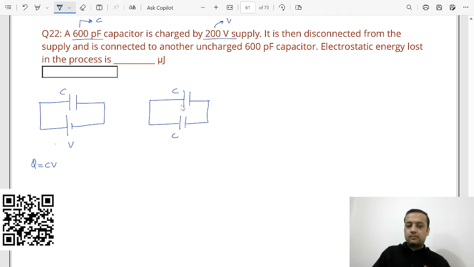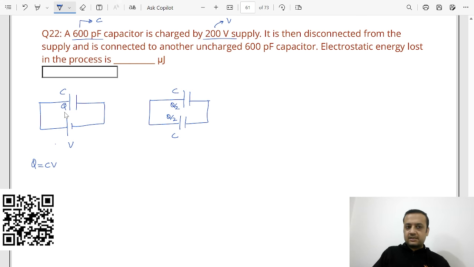Now look, both the capacitors are in parallel. That means they have the same potential difference, and also they have equal capacitance. So this means that they will get equal charge. The charge which was earlier present entirely with the first capacitor will be distributed equally in both. So each capacitor will get q by 2, q by 2, right?